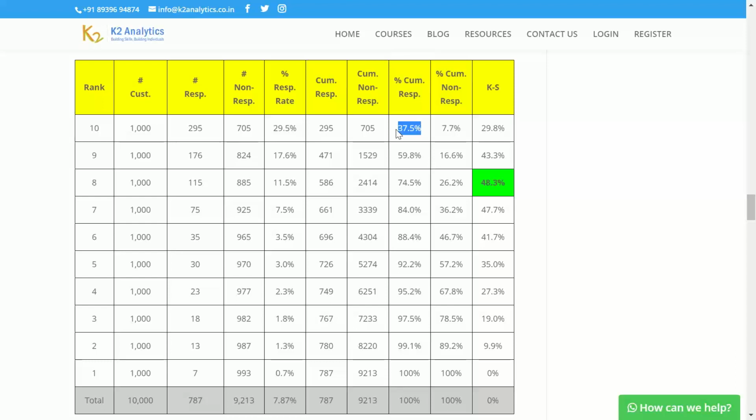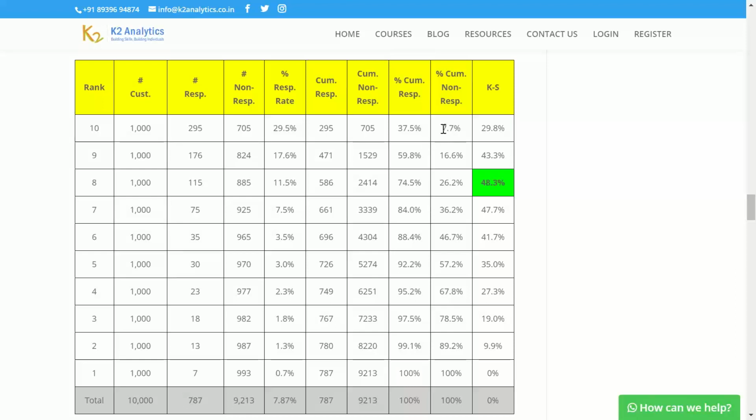If you target the top two deciles, you will be able to capture 59.8, that is almost 60. If you are targeting top three deciles, you will be able to capture almost 75%. Obviously, if you target all 10 deciles, 10 to 1, you will capture 100% of the potential responders. So this is what the cumulative is saying.